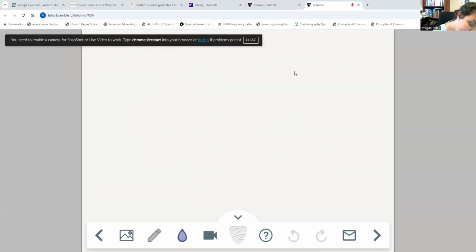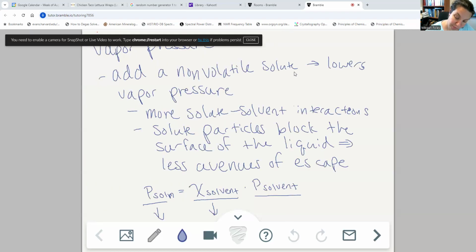We can also have a volatile solute added. And if you add a volatile solute, as long as it is following Raoult's law, this equation is essentially Raoult's law, being that the observed vapor pressure of a solution is the vapor pressure of the pure solvent multiplied by its mole fraction.